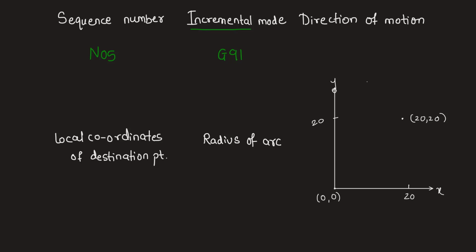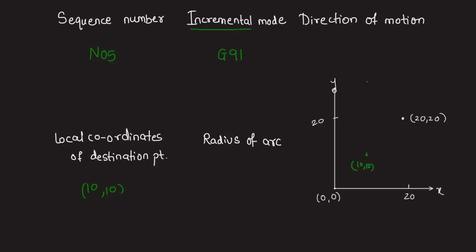This is the origin for the global axis, while this is from where the tool starts traveling. That is why we call it the local origin, 20,20. And from here, the tool is traveling to 10,10, which is the destination point. So we can write here as well that 10,10 are the local coordinates of destination point, and this will be somewhere here, the 10,10 point.